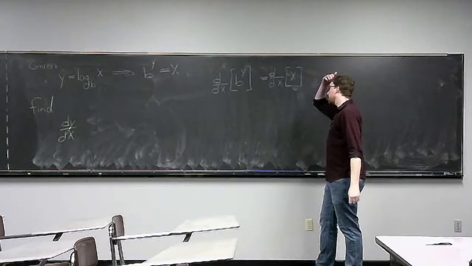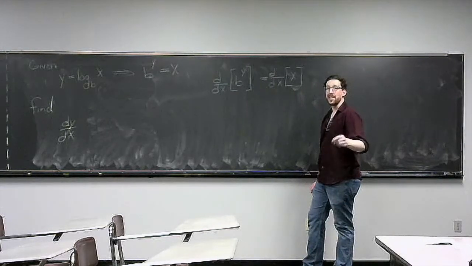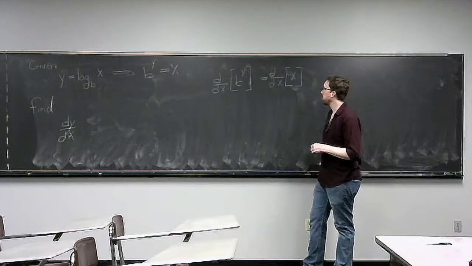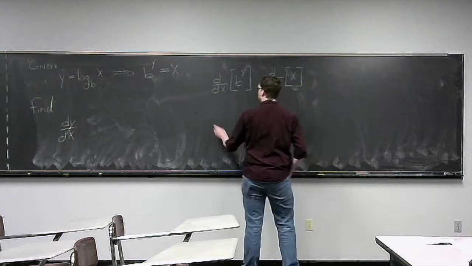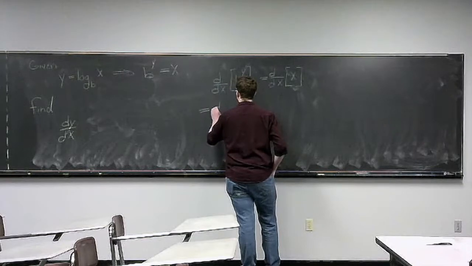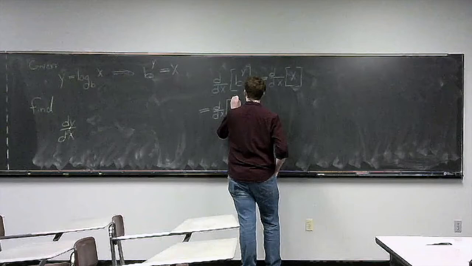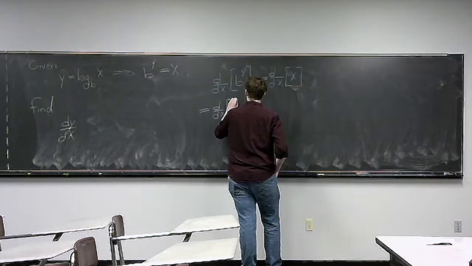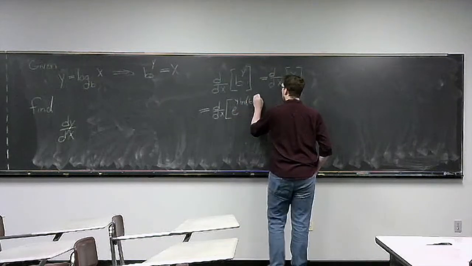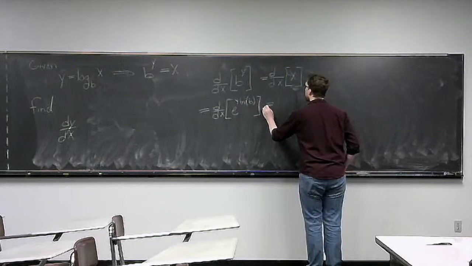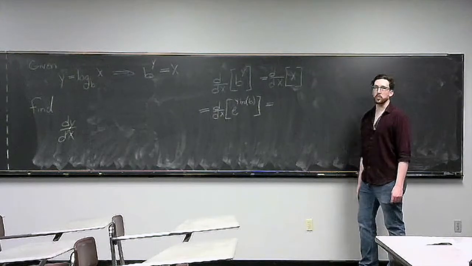well, let's rewrite this b to the y as e to the ln of b to the y. This is going to give us d dx of e to the y times the ln of b is equal to, well, d dx of x is just 1.